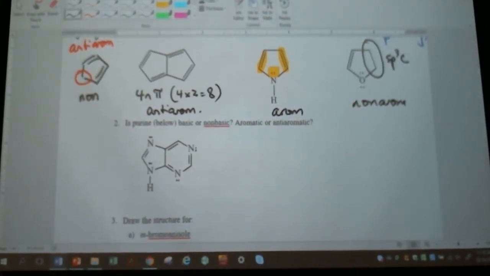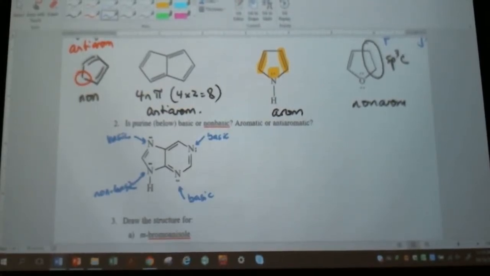And then let's say I told you for each of these nitrogens, decide whether they are basic or non-basic. This one is basic. This one, non-basic. And this one. The ones that are basic is because the electrons are not tied up in maintaining aromaticity, while these 2 electrons are tied up in making these 2 rings aromatic.